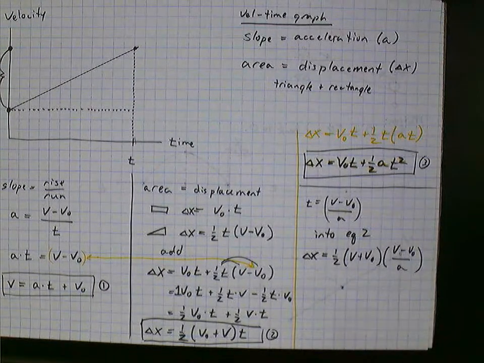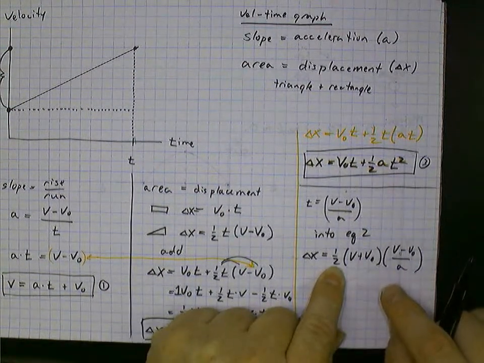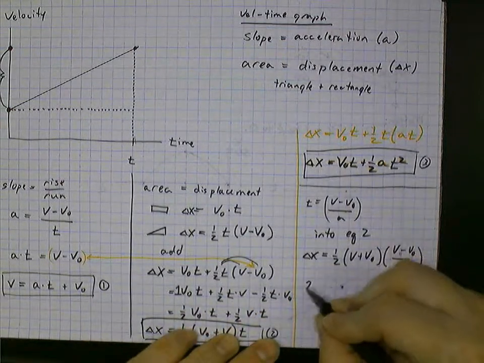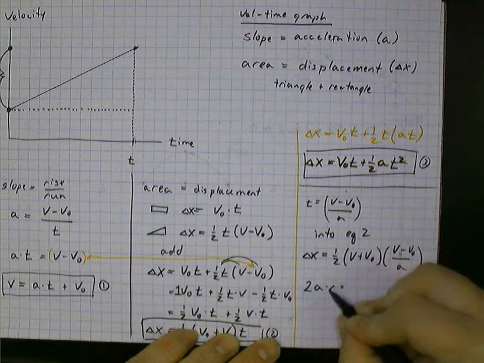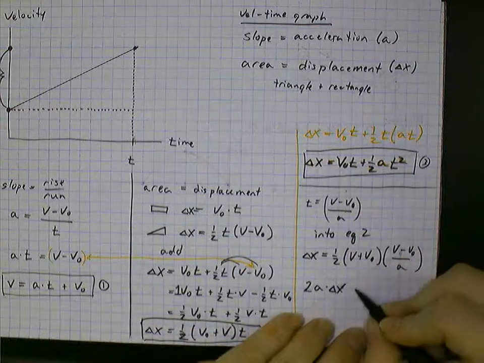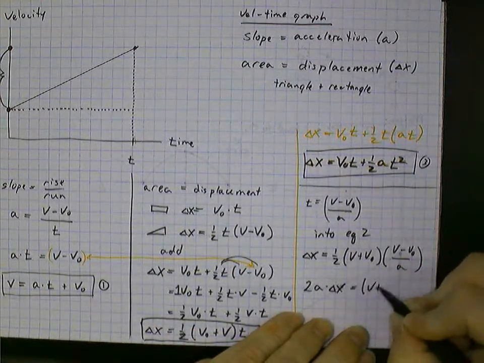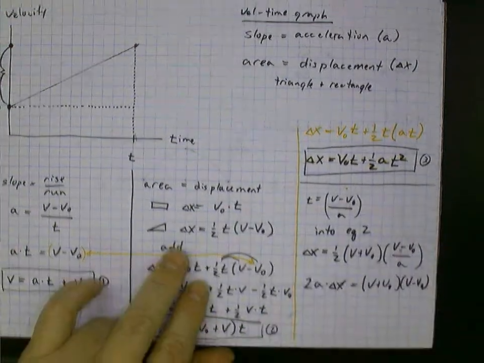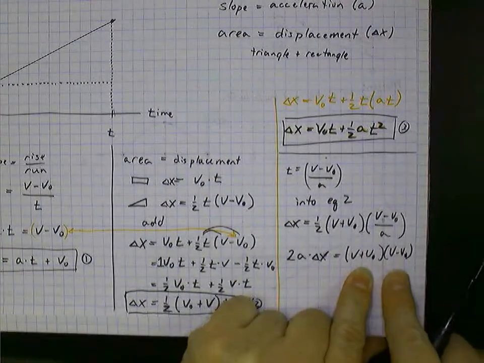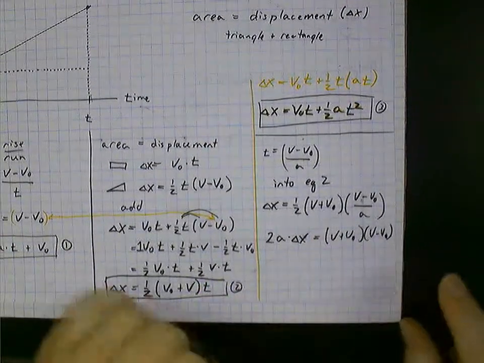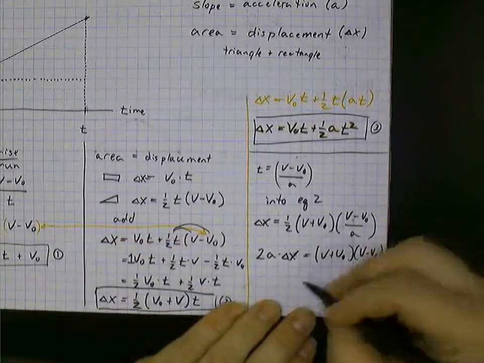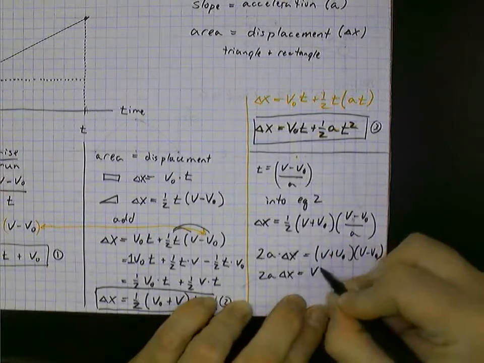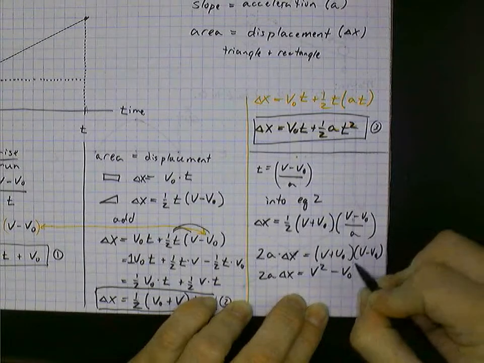Now a little bit of algebra. I'm going to multiply both sides by 2 and by a to get rid of my fractions. That will give me 2 times a times delta x over here, and leave me with v plus v initial and v minus v initial. You ought to recall from your math class that this is one of those special sort of polynomials, so that 2 times a times delta x equals v squared minus v initial squared.